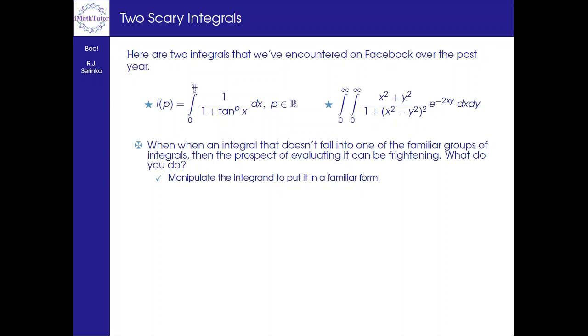So manipulating the integrand to try to get into a familiar form is one of the things that you can do. The other is simply to use trial and error. And you want to look for clues as to what to do at each step. For example, if you want to do the integral of the natural log of x, there's only one function there, so you wouldn't naturally think that integration by parts would work.